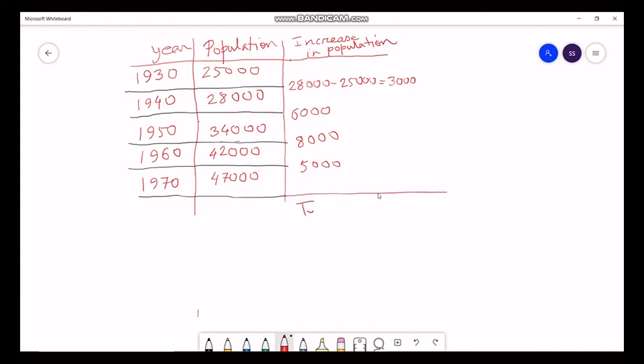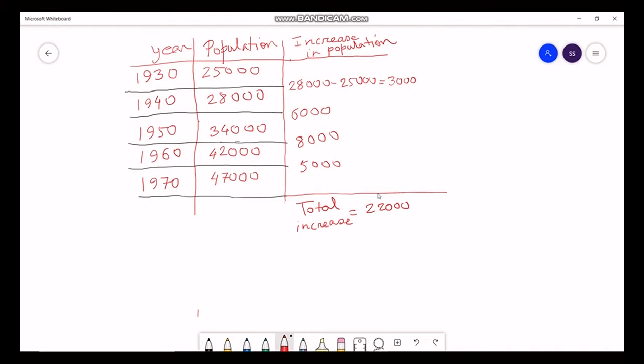So the total increase is equal to 22,000 over the 4 number of decades.